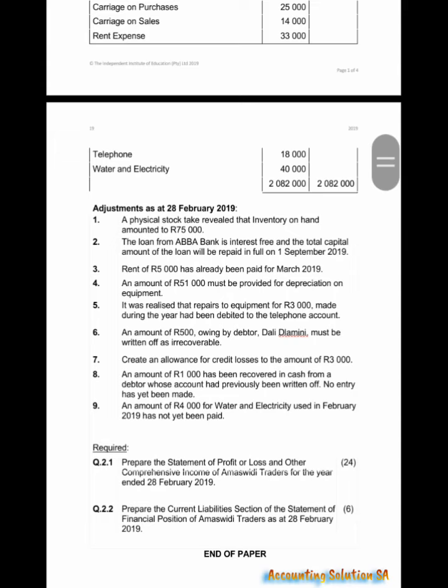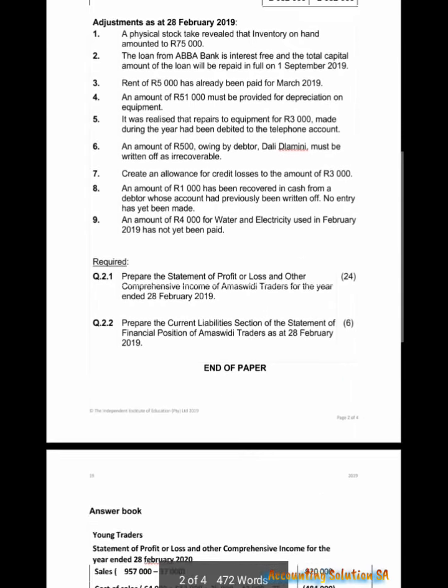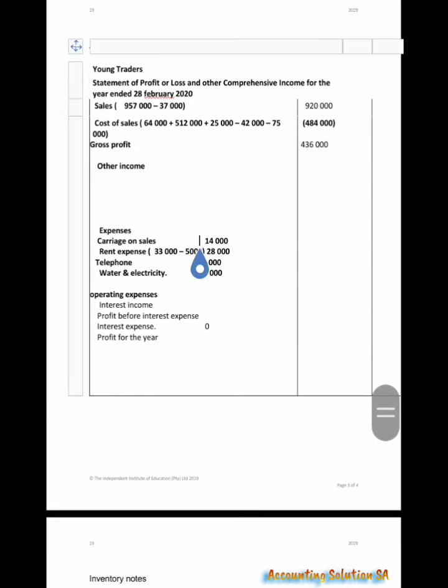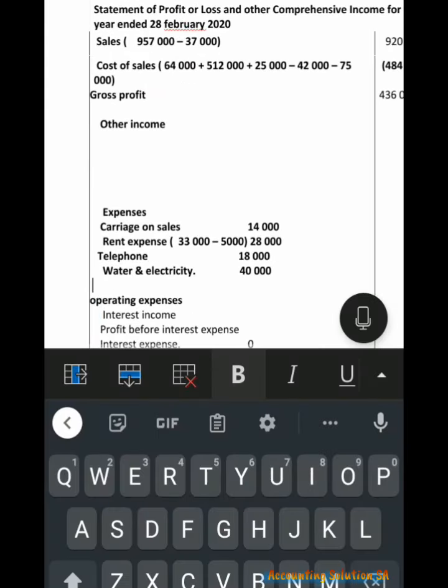Okay, they said an amount of 51,000 must be provided for depreciation on equipment. So they said equipment has depreciated 51,000. So in this case, they already calculated depreciation for us. Okay, we know that depreciation is an expense, which means that we must record it under expenses.